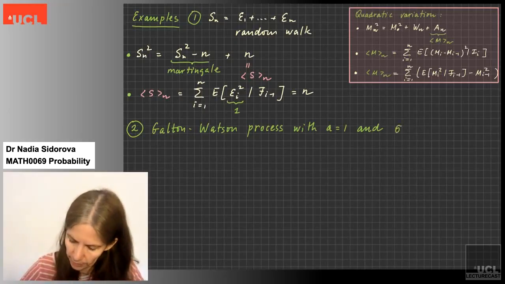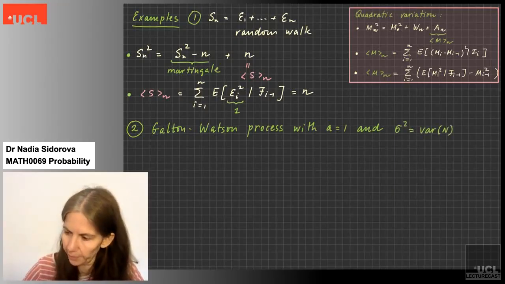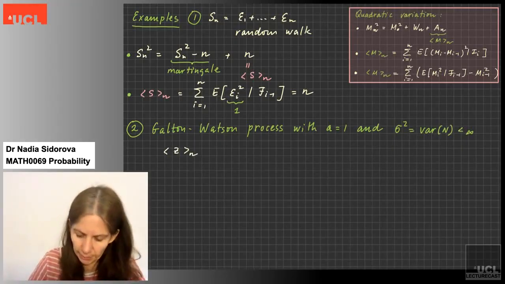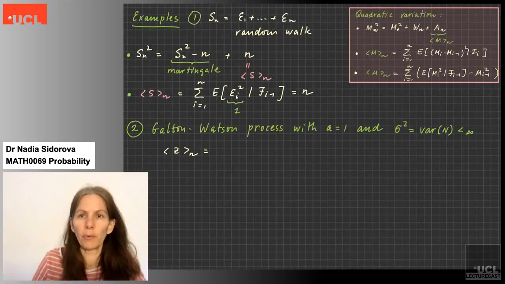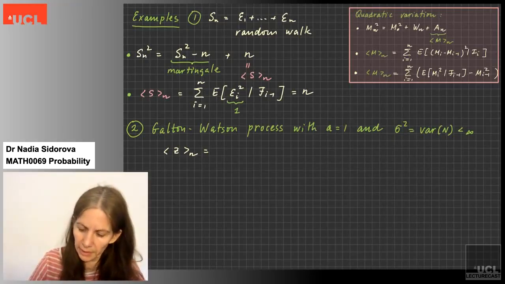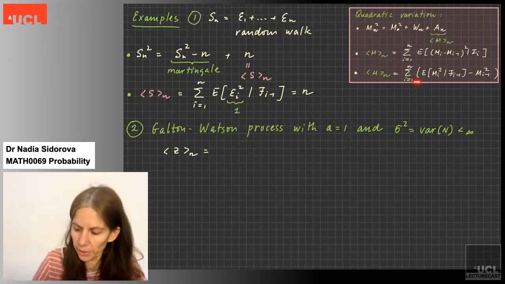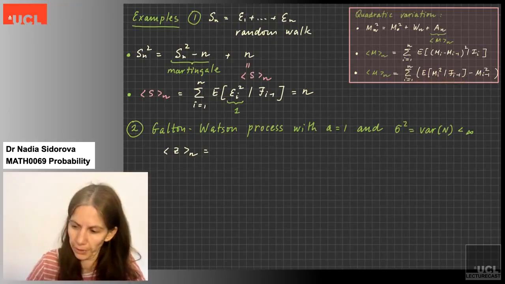So sigma squared, which is the variance of my offspring random variable, is finite. I want to compute the quadratic variation of Z at time n. I will use one of the two formulas here, and since there is nothing special about the increment of the Galton-Watson process, I'd rather use this formula here.